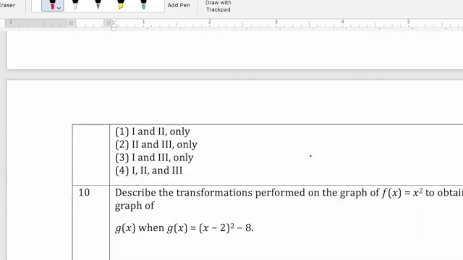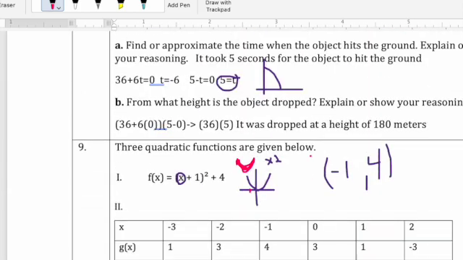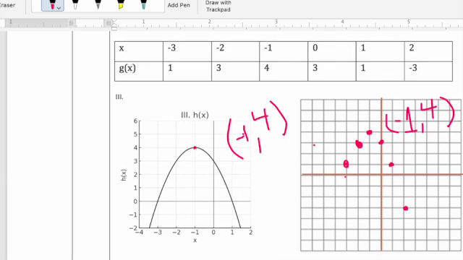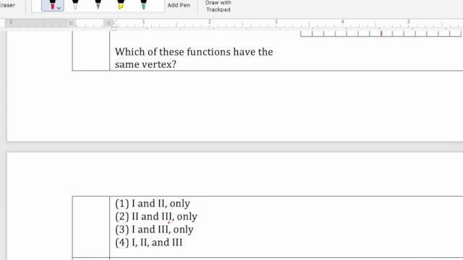So it looks like they all have the same vertex. Again, I'm just double checking everything. But that looks right to me. Yep. So it's 1, 2, and 3.